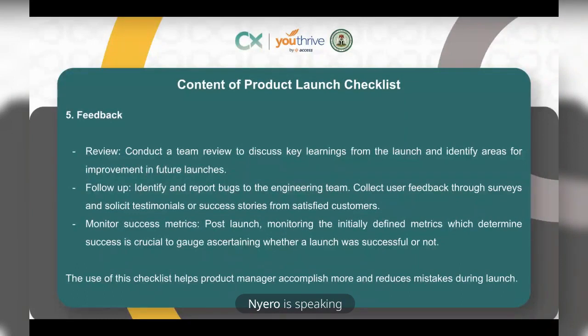Even as a product manager, you're improving your own personal working processes, and you monitor the metrics. So remember, initially you had set your success metrics. So now you monitor your success metrics post-launch. The metrics that you've set for yourself, for your user, for the business, you monitor them, right? So the use of this checklist just helps the product manager accomplish more and reduce mistakes during launch.